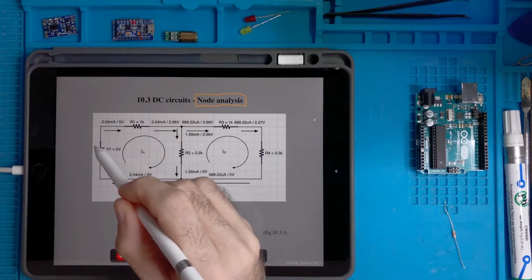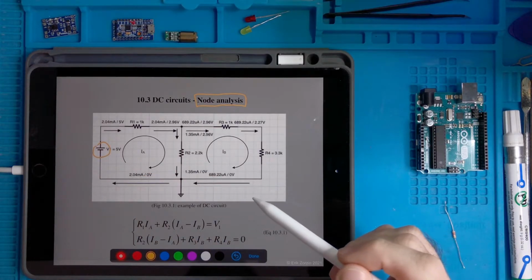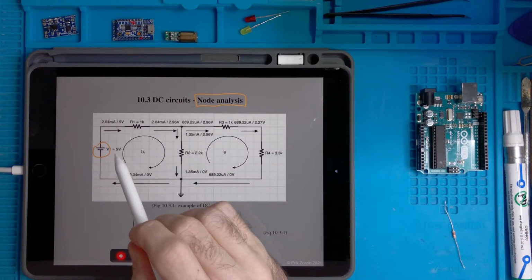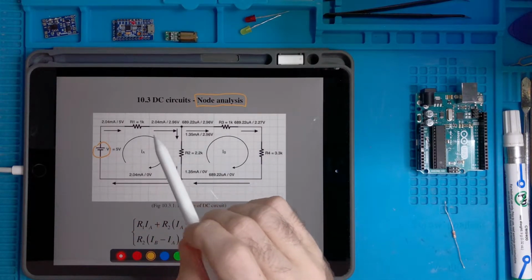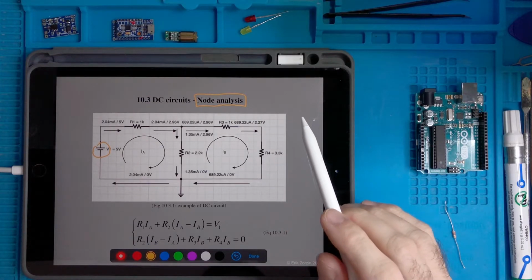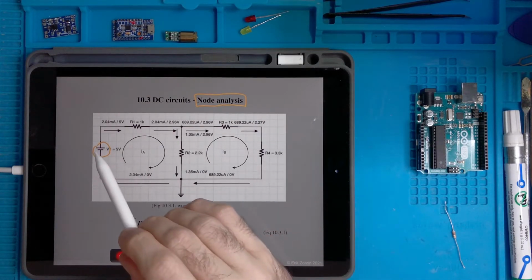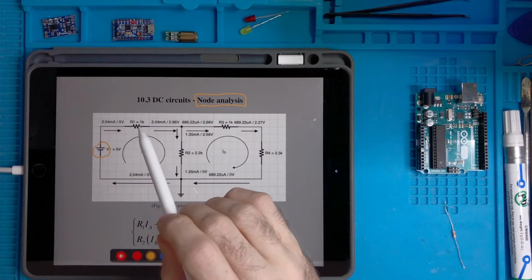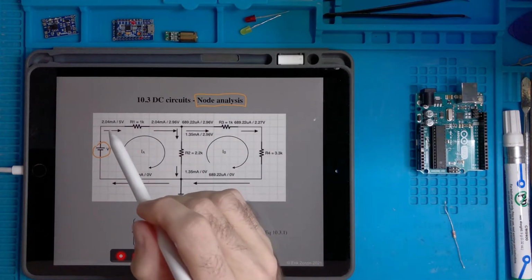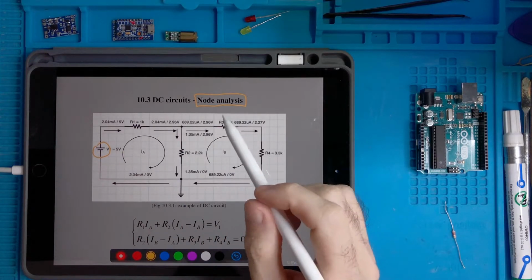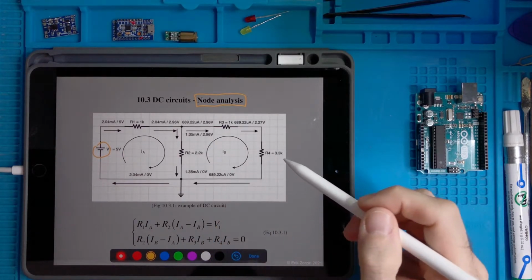Here, for instance, we see a voltage generator, a battery of 5 volts in this case. We give the value of the resistors. Here in this simple circuit we have only resistors besides the voltage source. So we give the resistance of each resistor, and we are interested in calculating all currents in all branches and all voltages at all nodes.